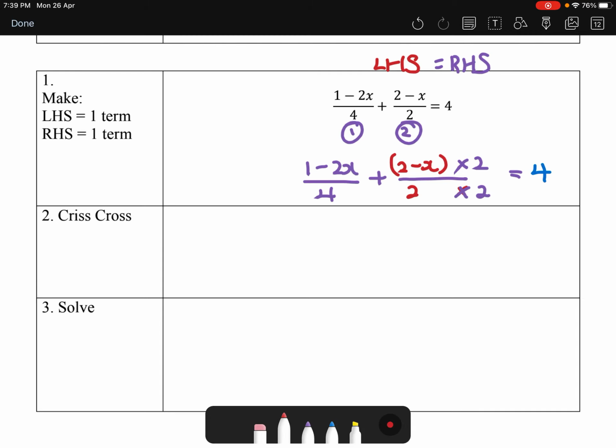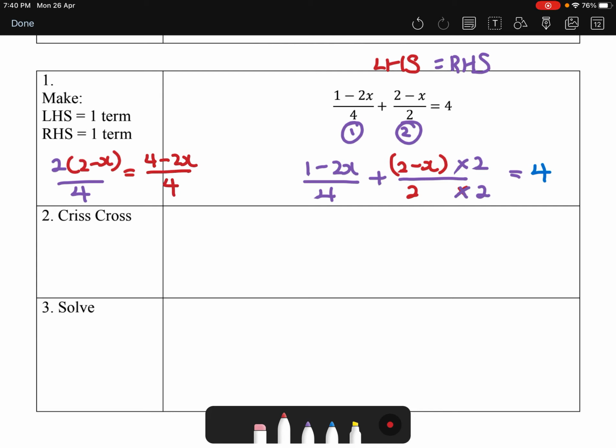Then next, you just manipulate. For the second term, you will get over 4, right? Then 2, remember your bracket, 2 minus x will be equal to 4 minus 2x over 4.